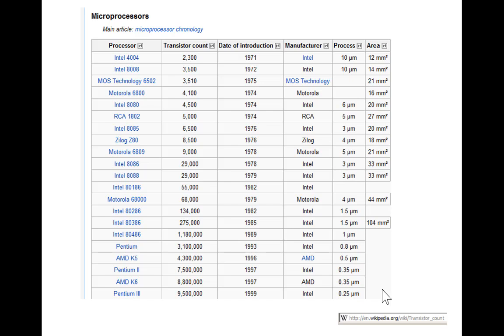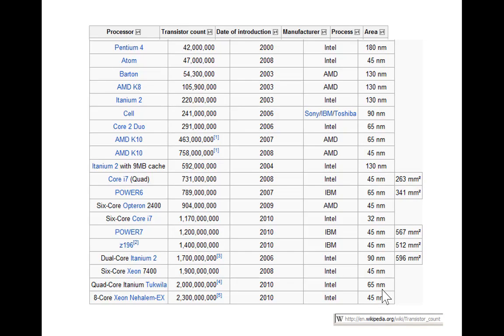If you look at the Pentium processors, the Pentium 2s, the Pentium 3s, that were around the year 2000, they were around 9 or 10 million transistors. And the feature size had dropped from 10 microns down to about 0.25 microns. If you look at the 8-core Xeon processor, it has about 2.3 billion transistors, and that was in a 45 nanometer process. It came out about 8 years ago.